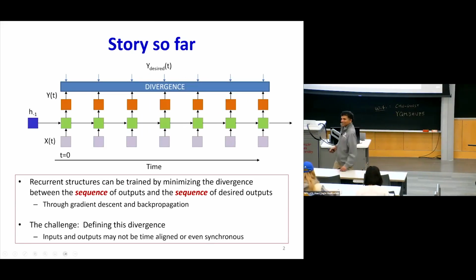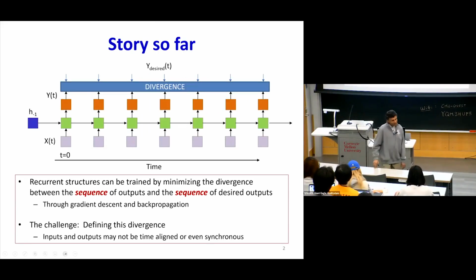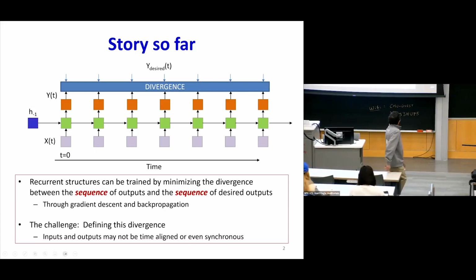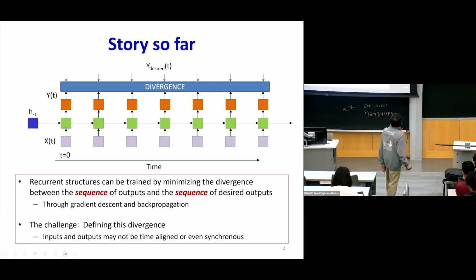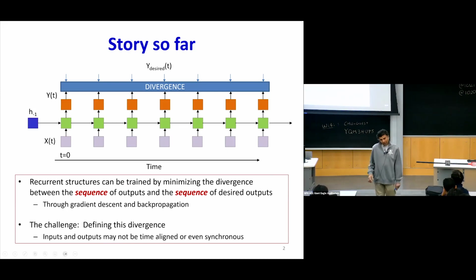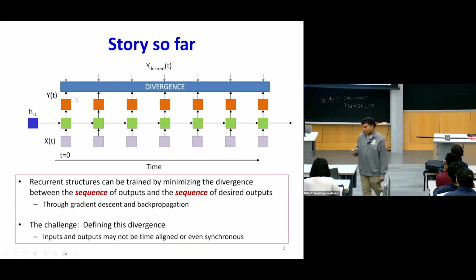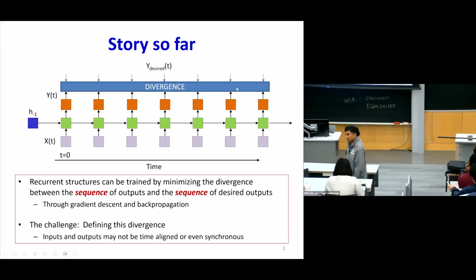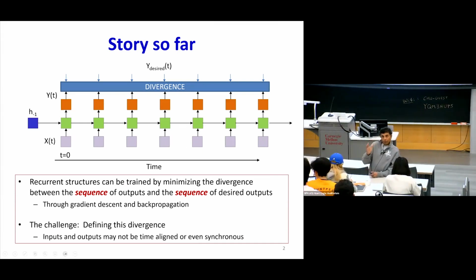So here's the story so far, to pick up exactly where we left off. We were speaking of recurrent neural networks, and we said that recurrent neural networks can be trained by minimizing the divergence between the sequence of outputs and the sequence of desired outputs. And the fact that you're always dealing with sequences potentially causes problems, because how do you compare sequences, unless you have a one-to-one correspondence between what goes in and what comes out?